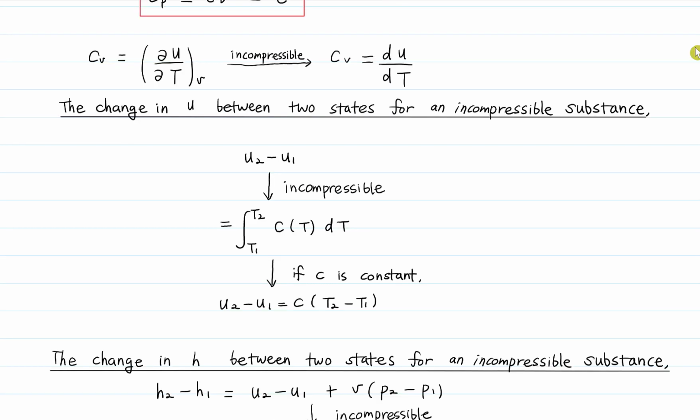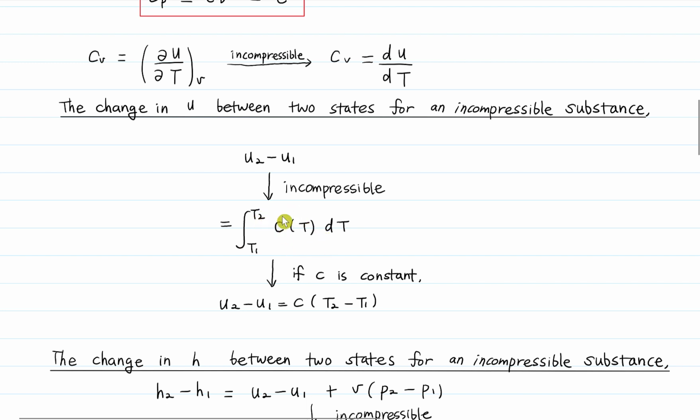In thermodynamics, it is usually the change in the state we are interested in. So the change in internal energy between states 1 and 2 is shown. From the definition of constant volume specific heat and with the assumption of incompressible substances, Cv is du over dT. So du equals Cv times dT, integrated from T1 to T2.